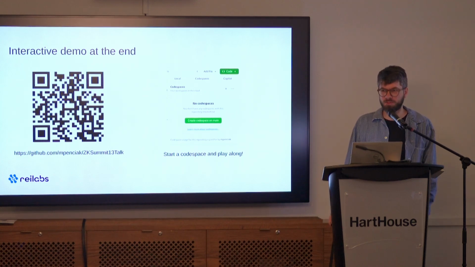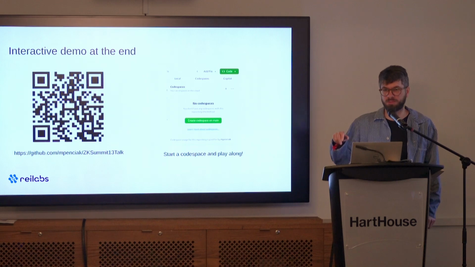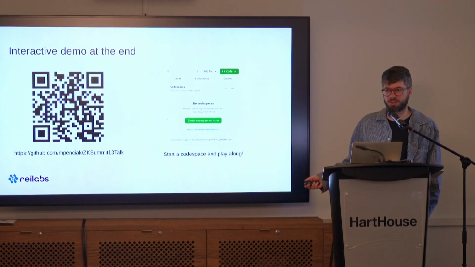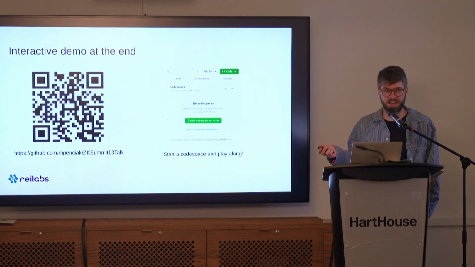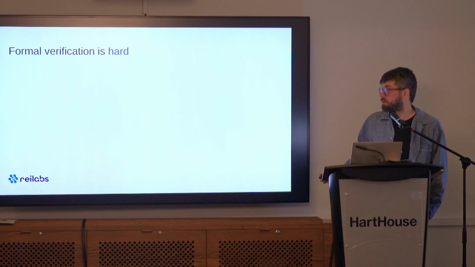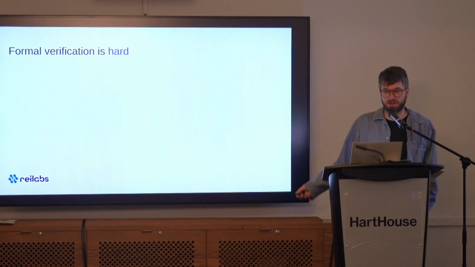It takes a little bit for the codespace to get started because it's a Docker container and it has to download and extract. It's not going to be on your local machine, but it'll be somewhere in the cloud. But it still takes a little bit of time for the GitHub runners. So if you get started now, by the time I get to that part of the talk, everything will be ready.